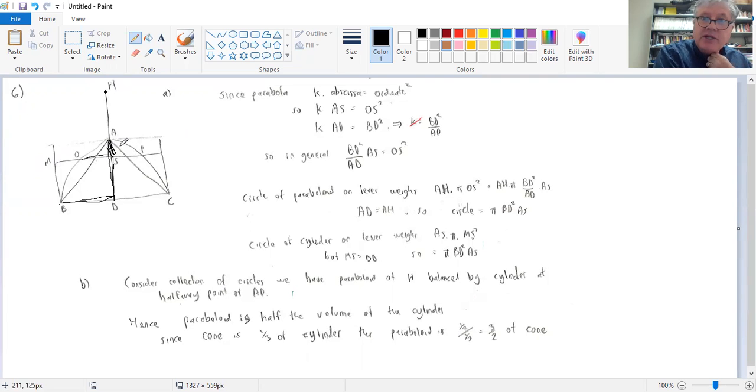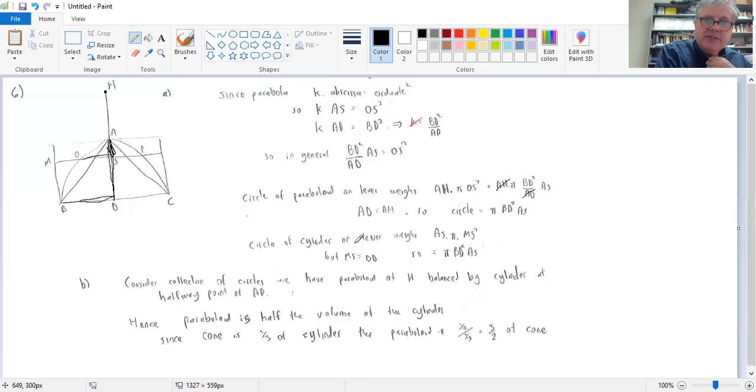So that's AH times pi BD squared on AD times AS, because it's on the parabola. So we know AD equals AH, so that circle is pi times BD squared times AS. Okay, the AD and the AH are going to cancel out.